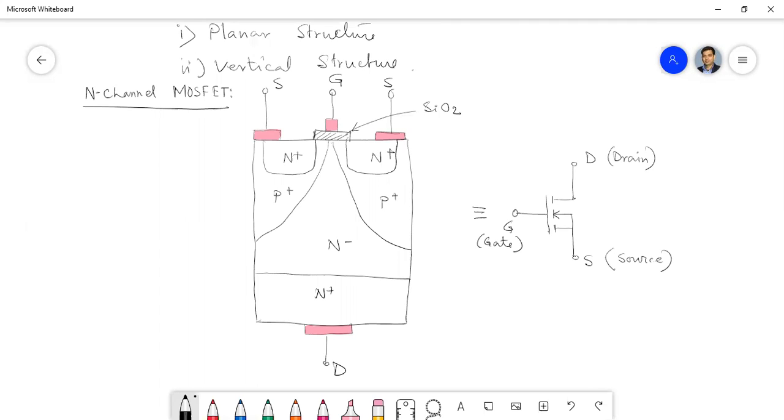And now that channel can be controlled by the voltage which is applied between gate to source. Okay, so that means first we have to provide the voltage between the drain to source.